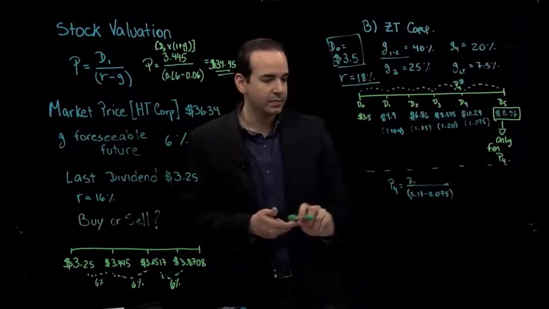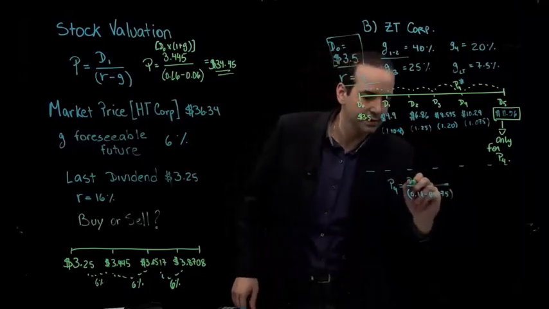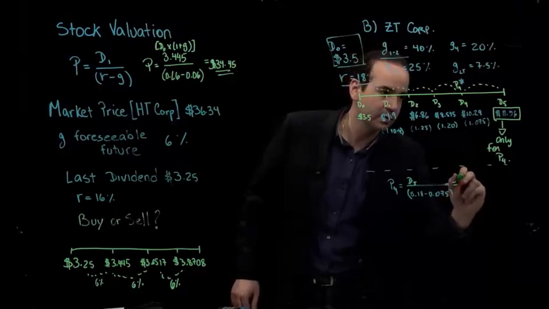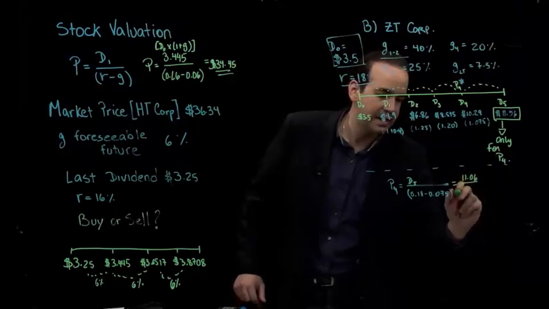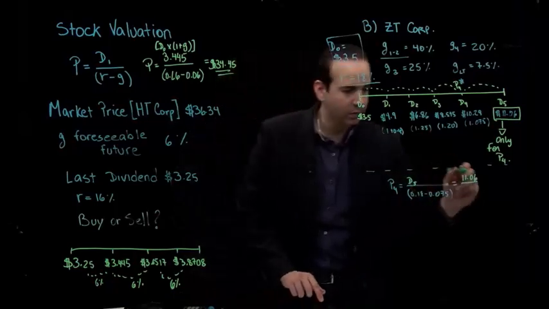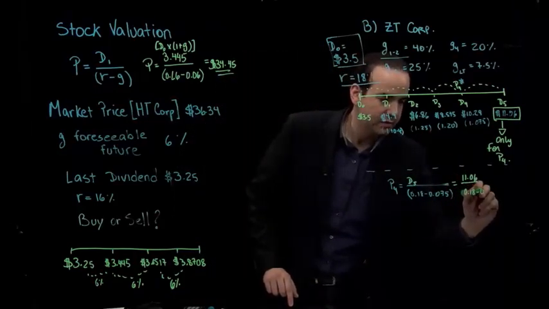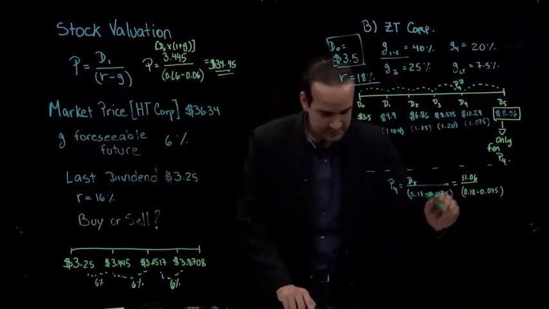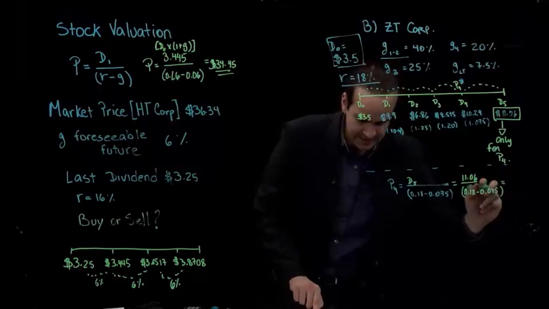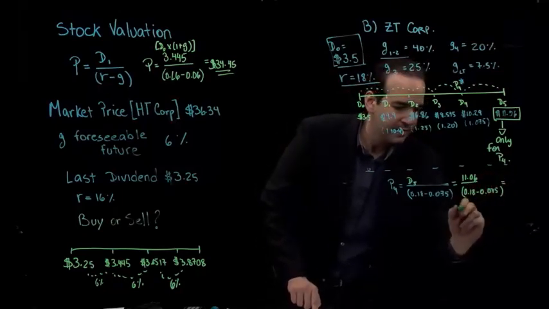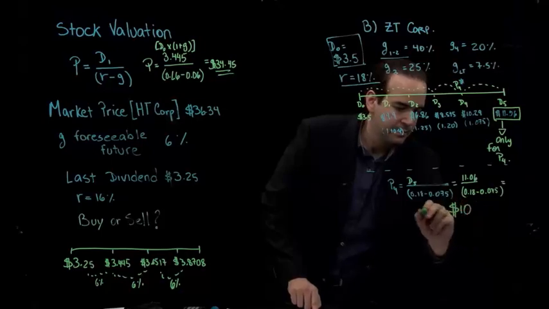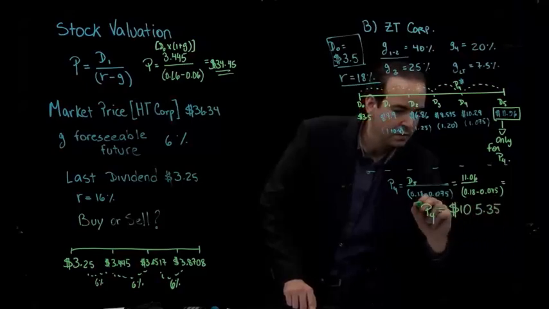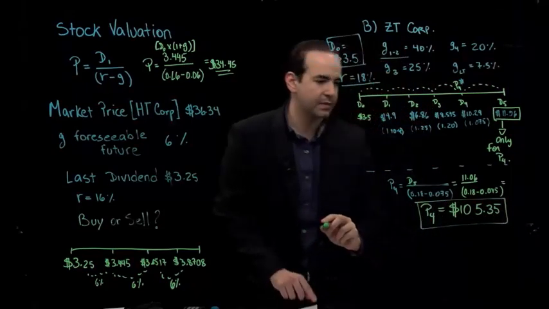Now, P4, and I'm going to continue with this marker because it's more clear. We already have D5, so it is going to be 11.06 divided by 0.18 minus 0.075, which is going to give us 105.35. Okay, so we got P4.